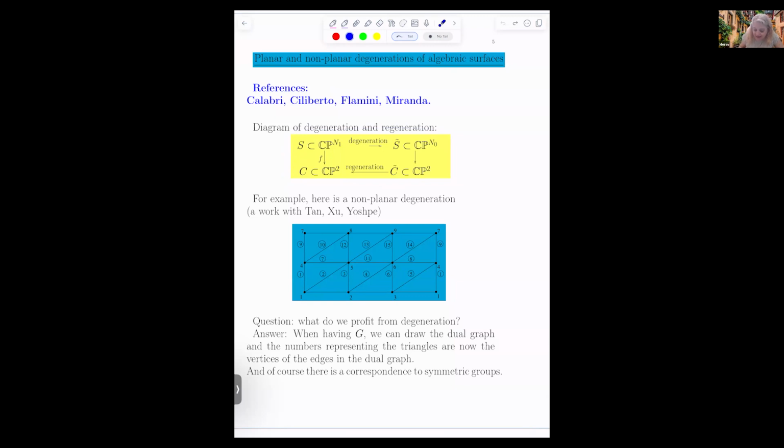So what I do is I degenerate S to S tilde. This is a degeneration, and then we project it onto CP square to get C tilde. You can see here in this blue picture that it is a degeneration of some surface. In this case, it is a CP1 times a complex torus, because it is very easy to think that this is the first CP1 and this is the second CP1 taken twice, okay?